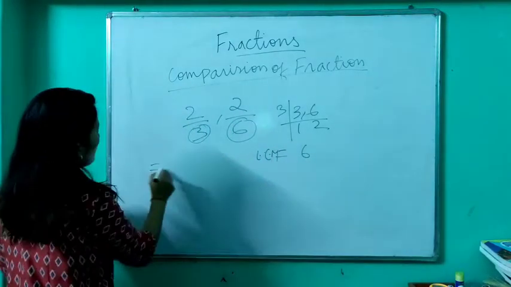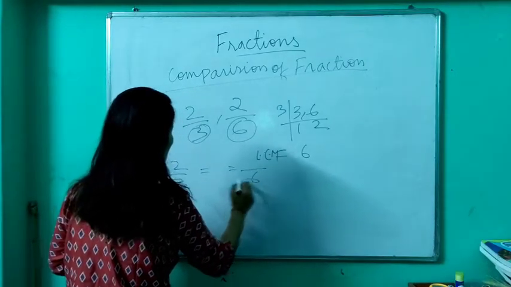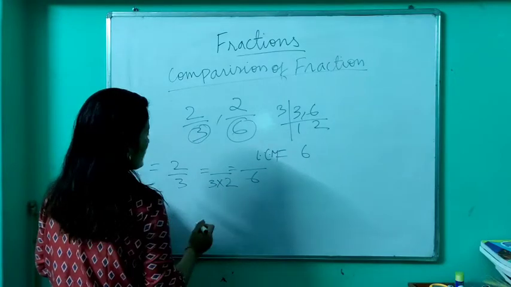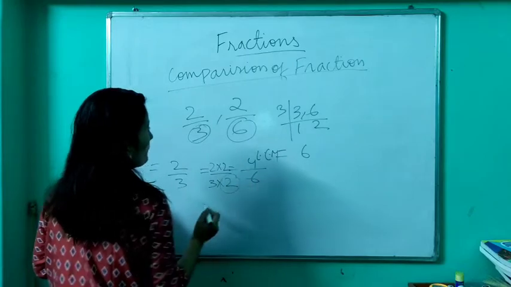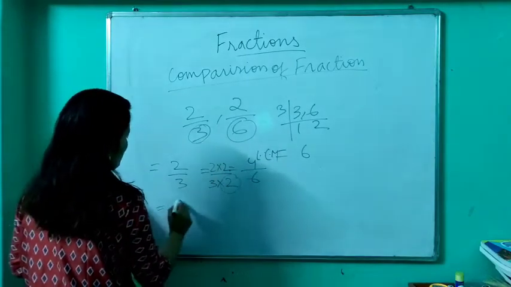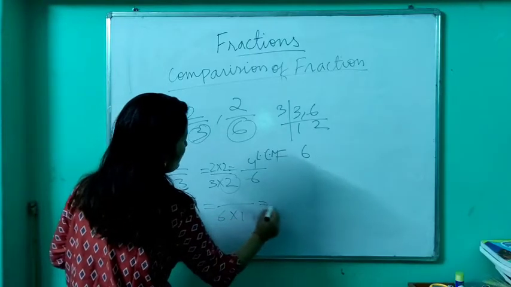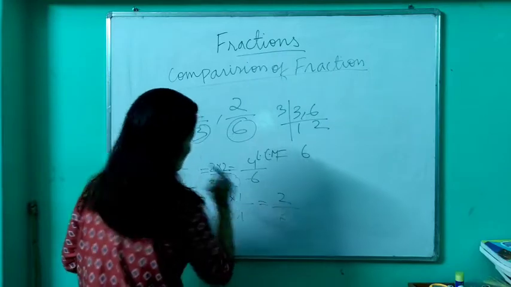Okay, now your denominator should be 6. So if you multiply 3 with what number, you will get 6, 3 2s are 6. So with the same number you will multiply the numerator, so 2 2s are 4. Similarly to the other number also. So you have 6 into 1 will give you 6, 2 into 1 will give you 2.